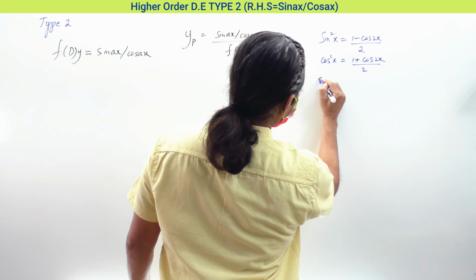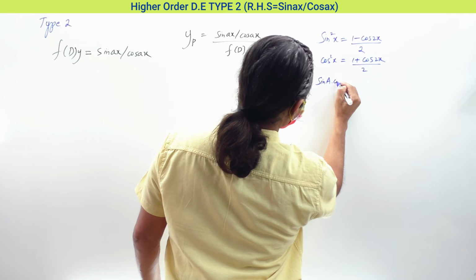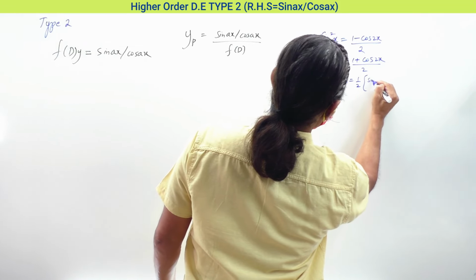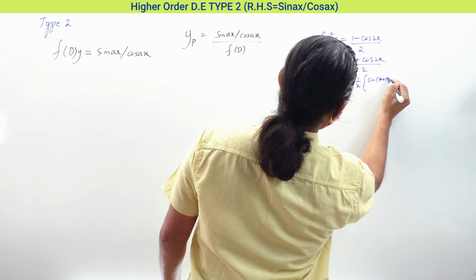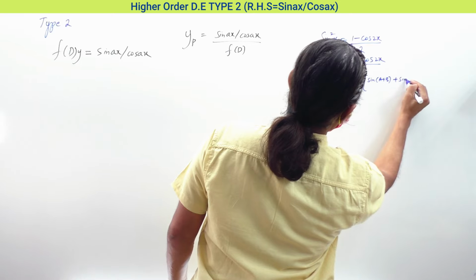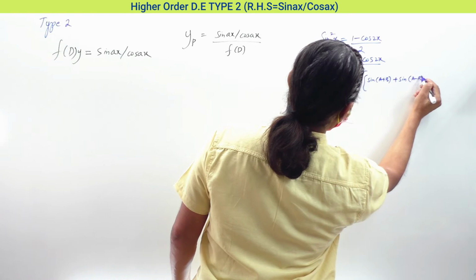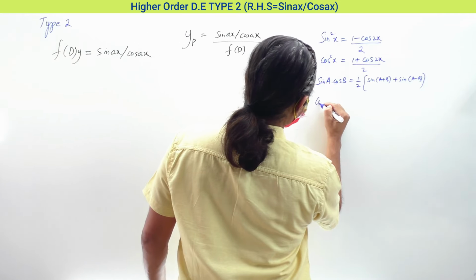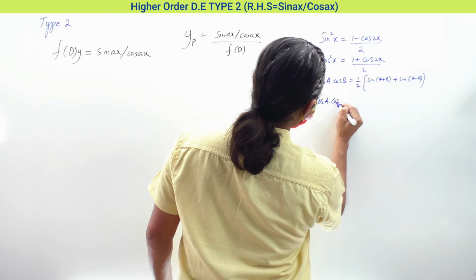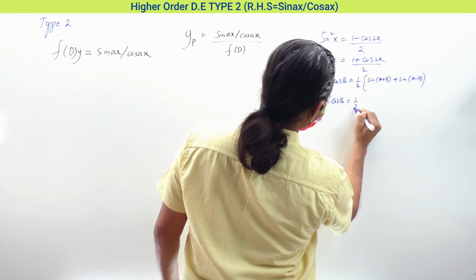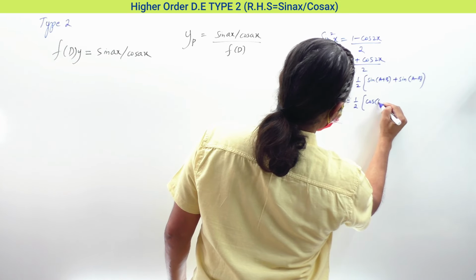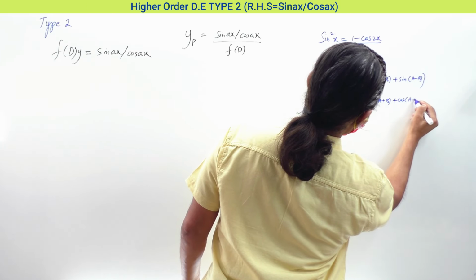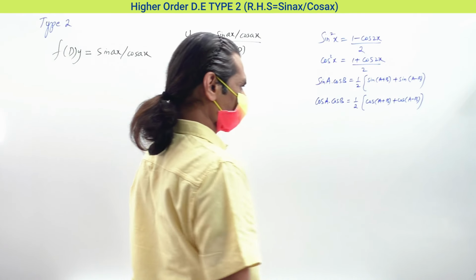Then we have sin a into cos b is equal to half of sin of a plus b plus sin of a minus b. Then cos a into cos b is equal to half of cos of a plus b plus cos of a minus b.